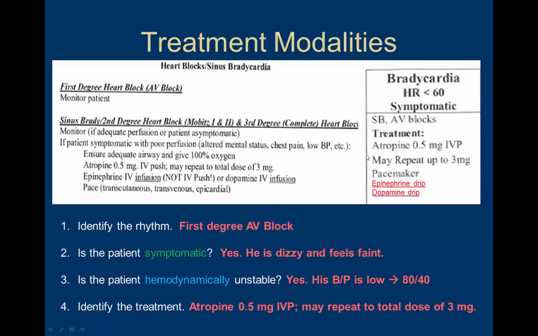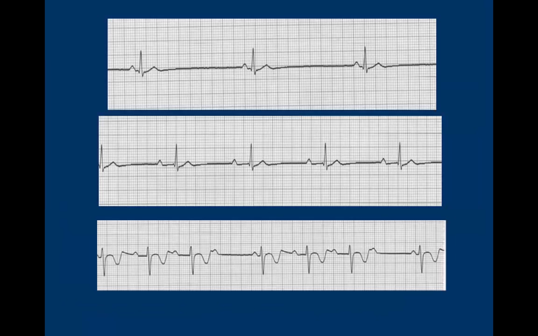Again, I've kind of summarized for you what you should have as far as what treatments are initiated. And again, you're not responsible for the dosing of medications, but just be aware, because you may actually have a patient with this rhythm, that you can re-administer atropine to a total dosage of 3 milligrams. And the reason why I've put these 3 rhythms here, the top one is sinus bradycardia, the next one is the one we just looked at.